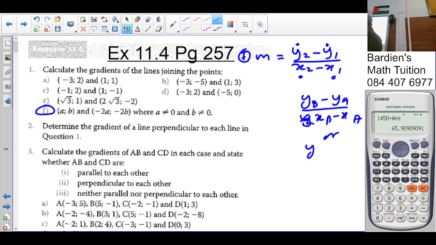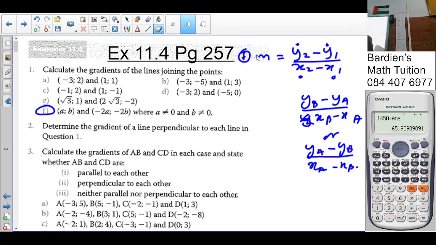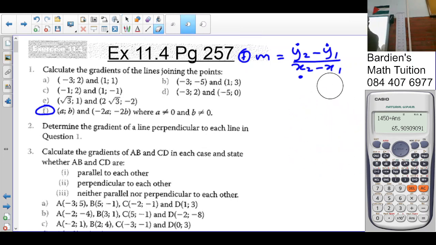Or if you go yA first, yA minus yB must be over xA minus xB. You see that? That's important to know.